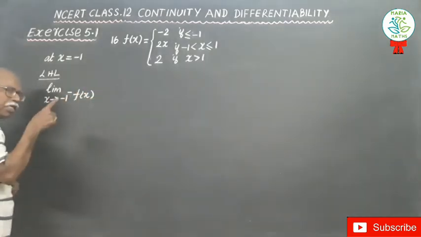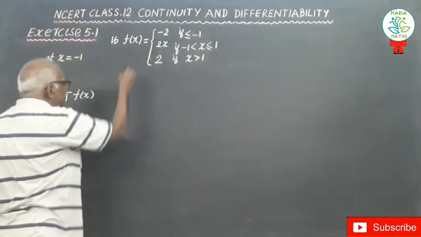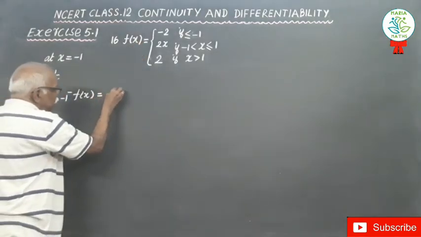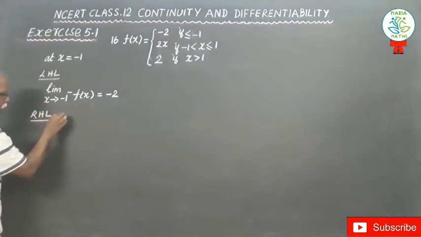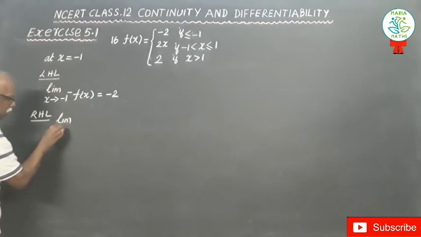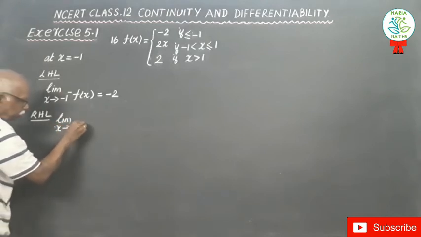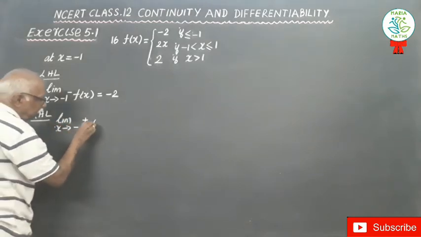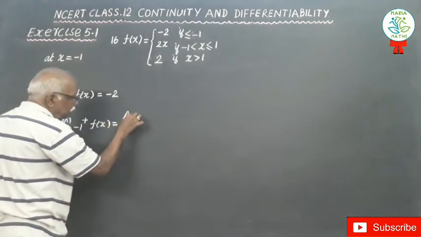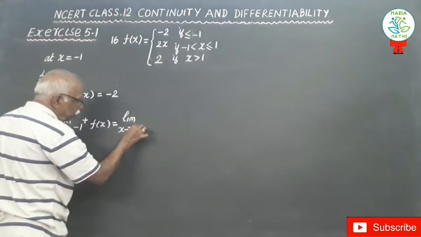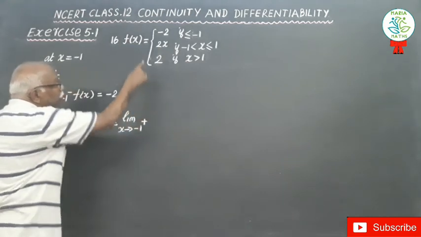Minus 1 minus is less than minus 1, and here minus 2 is given. This is the LHL. Then RHL: limit x tends to minus 1 plus f of x is 2x.